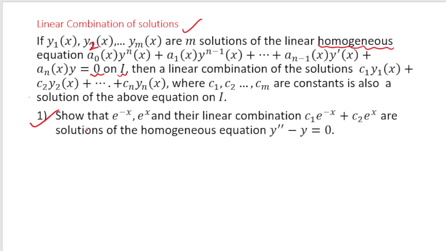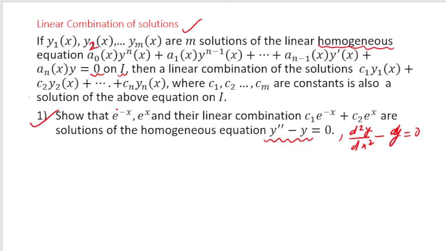So listen to this example very carefully, otherwise you will not follow the concept. Suppose there is a differential equation, that is y double dash minus y is equal to 0, and I hope you understand that this is nothing but another way of writing the differential equation d2y by dx square minus y is equal to 0, right?